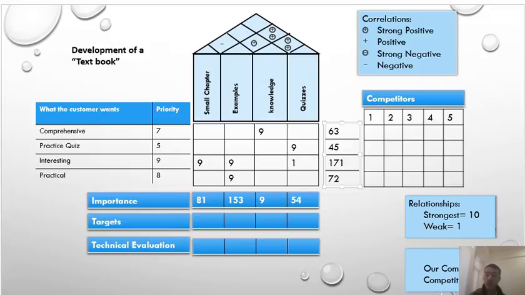Now I will be comparing my product to a competitor who is providing the same book. So let's suppose for this I have used this scale. This is where my product stands.